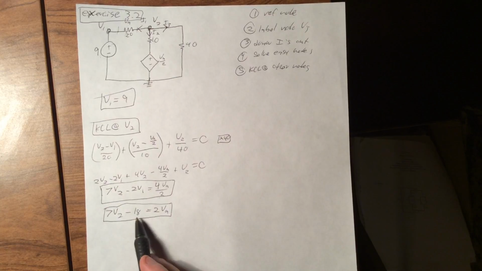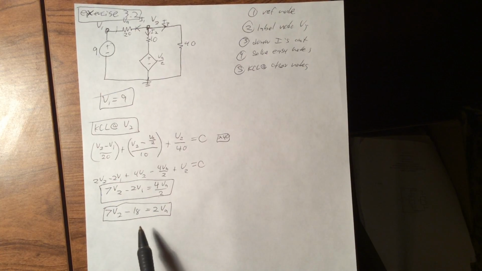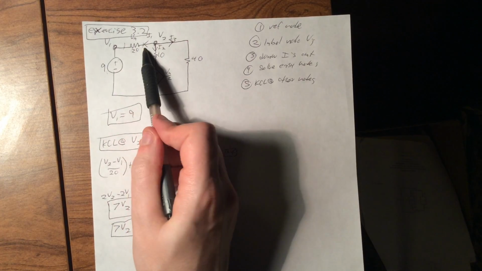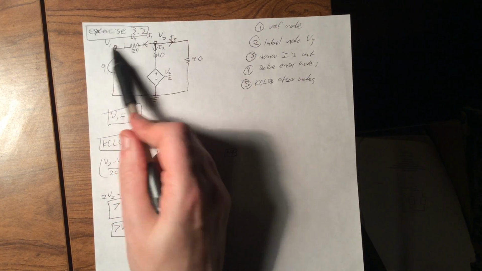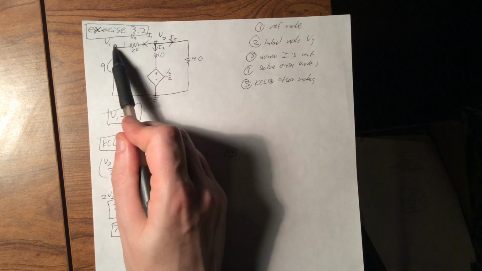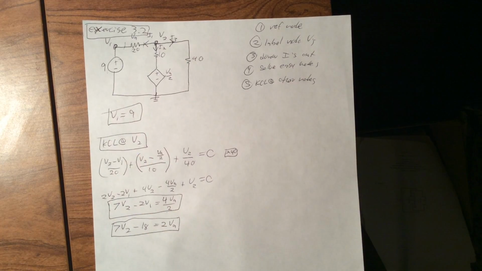Okay, so now we have to solve what is VA. Let's look back up at the top. VA equals the voltage drop from here to here. Remember, by definition, the voltage drop over the resistor is the difference between the 2 nodes. So this one's going to be really easy.